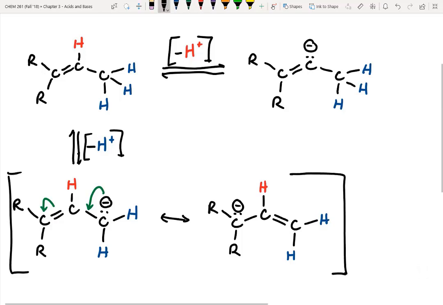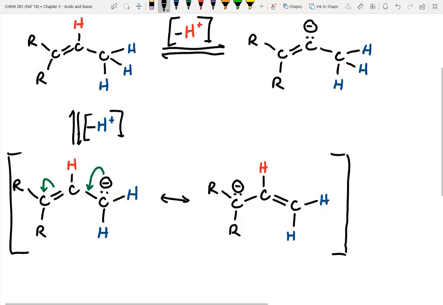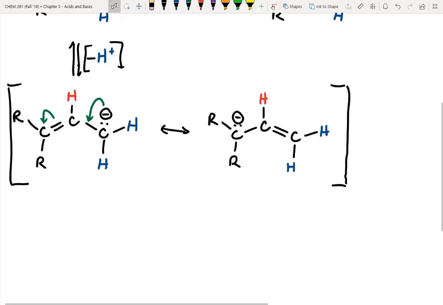All right. So really quickly, looking at this, we can say, if we remove one of the blue protons, we have a resonance stabilized conjugate base. That's more stable than if we were to remove one of the red protons. Therefore, the blue proton must be more acidic, right? So let's make a note of that.